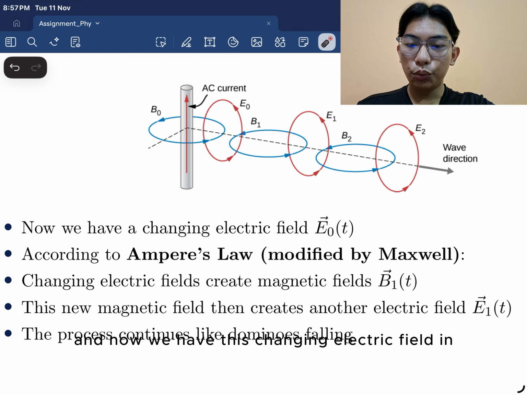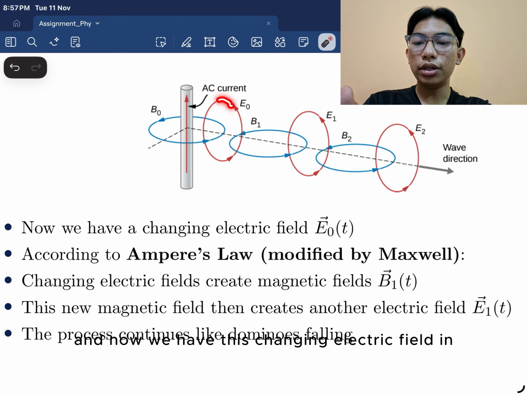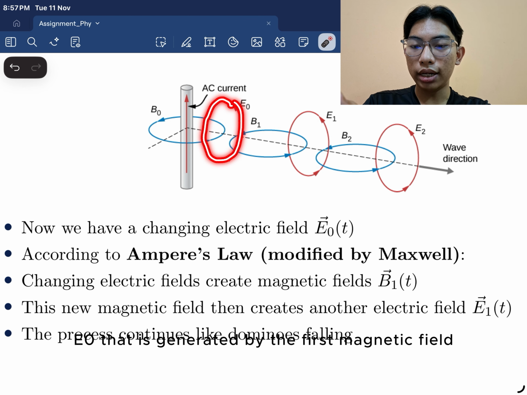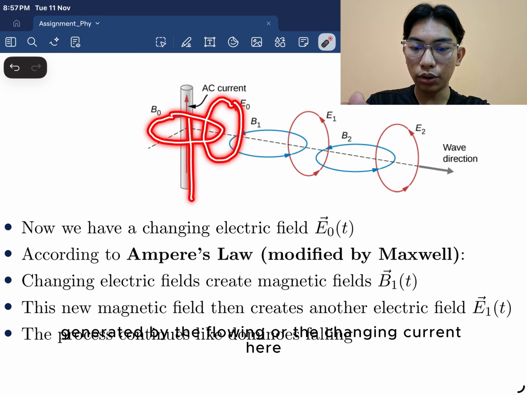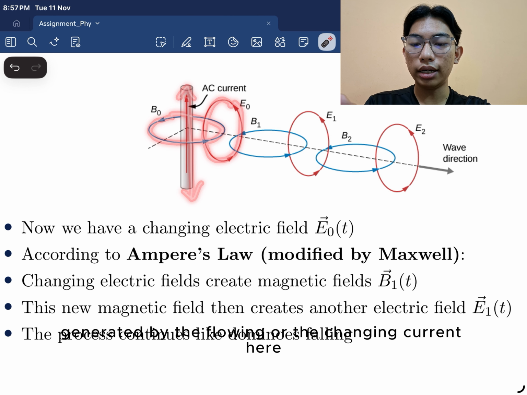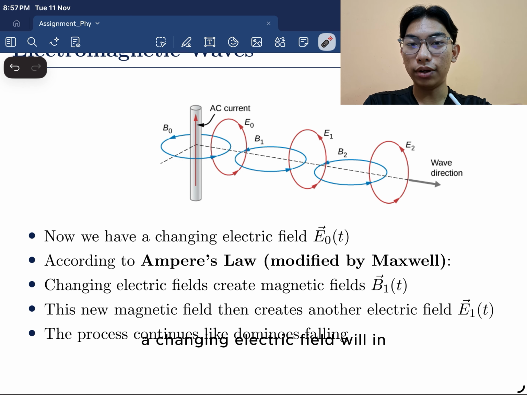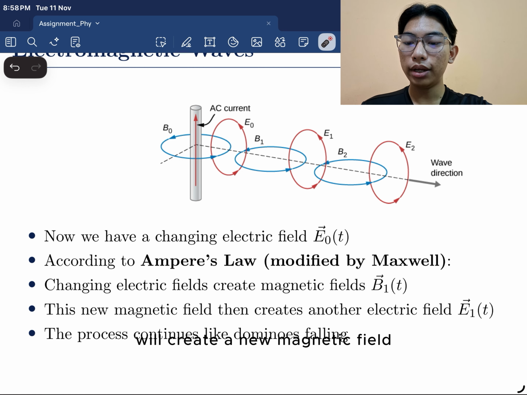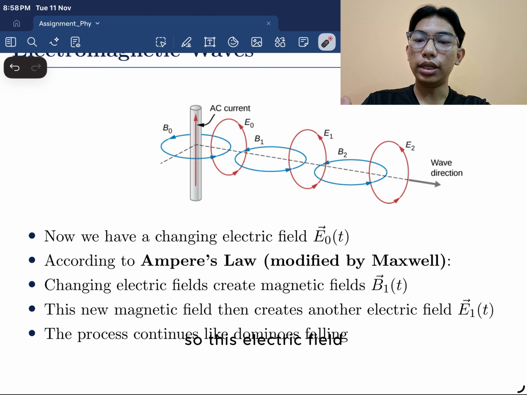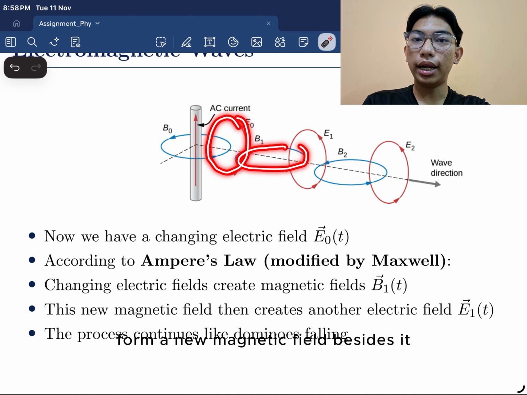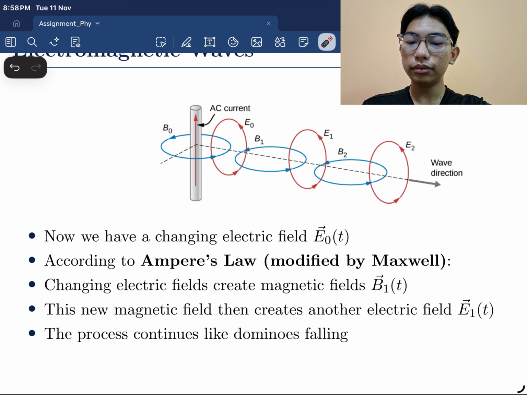And now we have this changing electric field E naught that is generated by the first magnetic field, generated by the changing current here. According to Ampere's law, a changing electric field will create a new magnetic field. So this electric field forms a new magnetic field beside it.